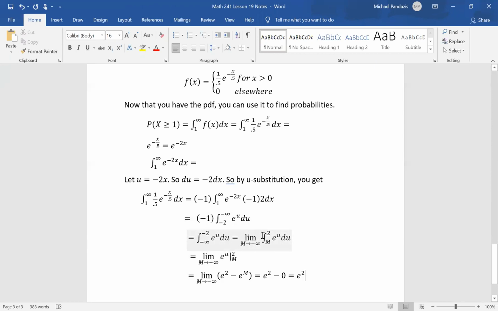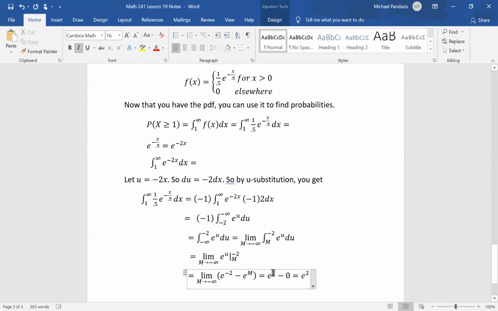Oh wait, okay, hold on. Sorry, this is a negative 2 here. It's a negative 2. So this integral is equal to e to negative 2.